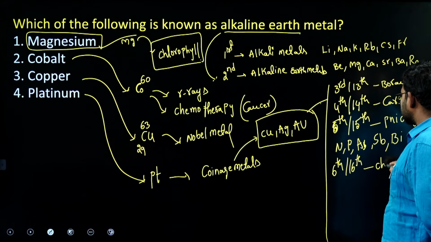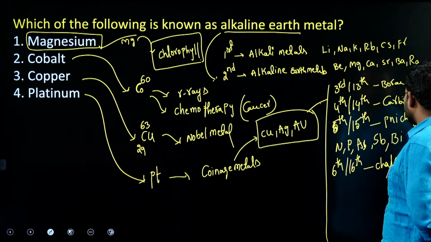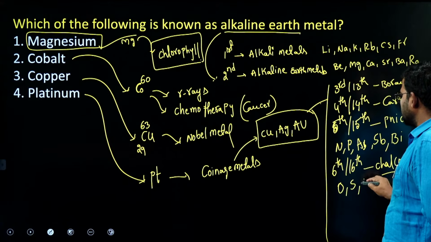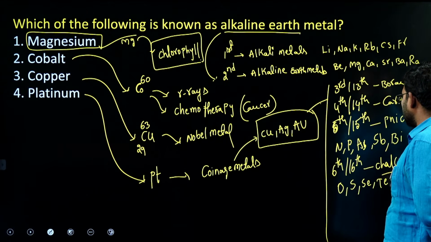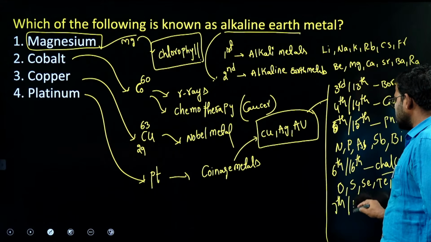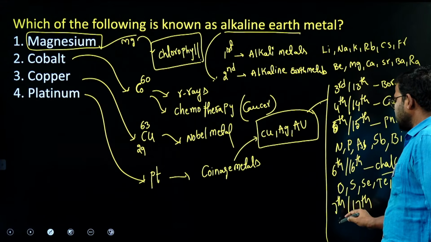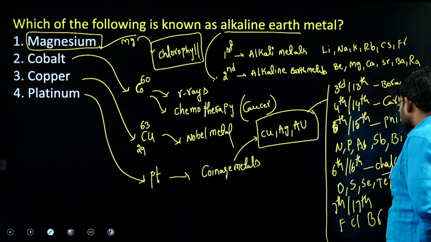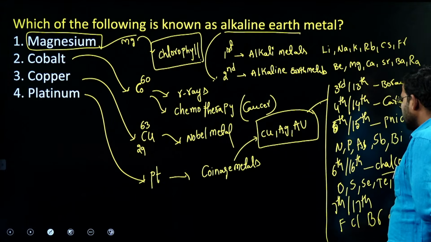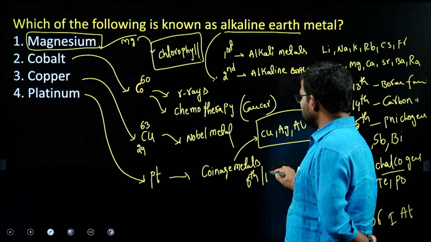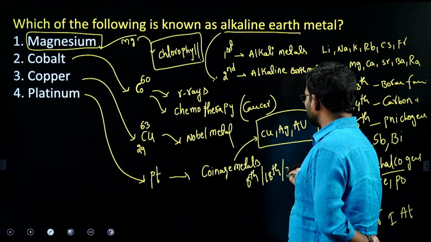These are called chalcogens, nothing but ore forming elements: oxygen, sulfur, selenium, tellurium, polonium. Next, seventh group or 17th group elements: fluorine, chlorine, bromine, iodine, astatine.